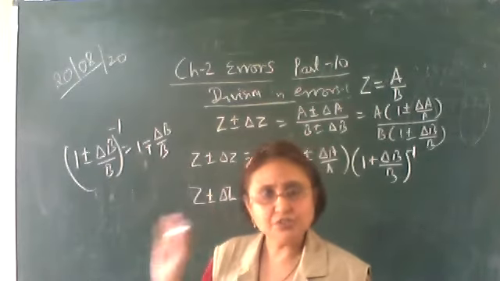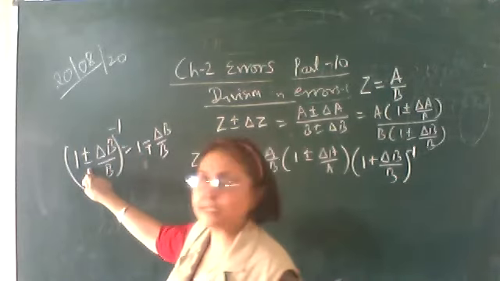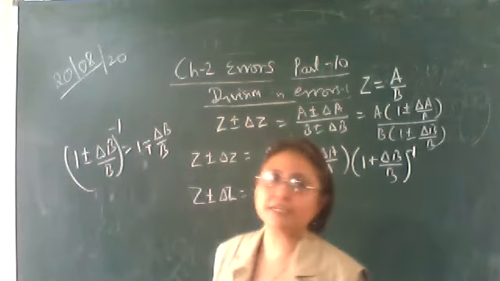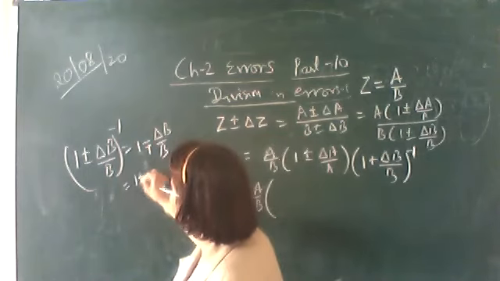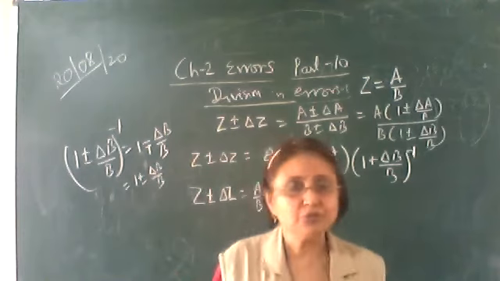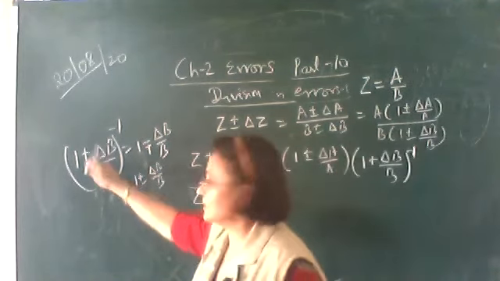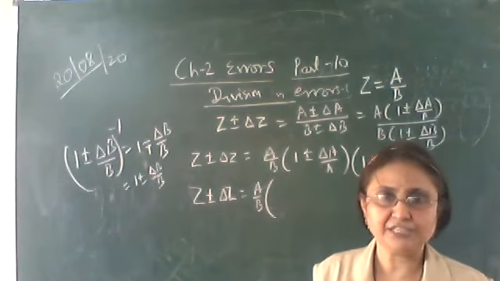So directly what you can do is multiply the minus 1 here. Minus 1 into plus minus can be written as minus plus delta b, which is again 1 plus minus delta b upon b. So no need to worry, biology students, you will directly multiply this minus 1 here. Those who have maths will study binomial expansion.